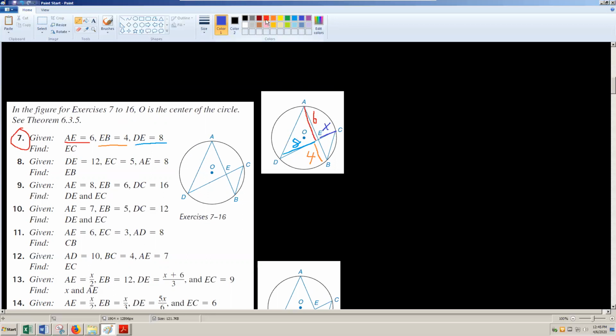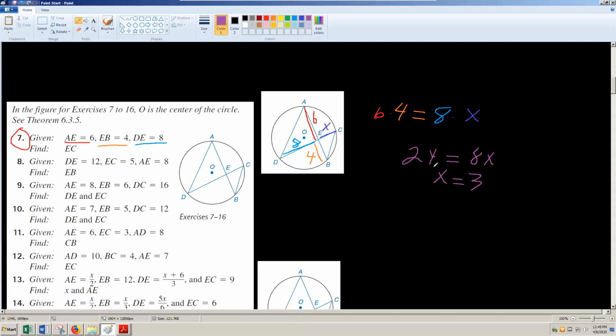So when I'm setting this up, I'm going to have 6 times 4 is equal to 8 times X. Now I just do some math and solve this thing. And X equals 3. Any questions on this one?